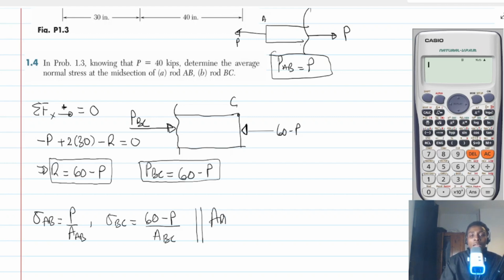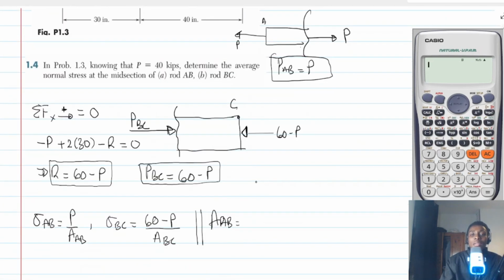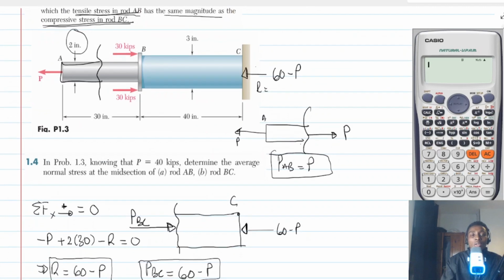So for area AB, let's go back. The diameter here is 2. So the area is going to be pi times 2 squared over 4, which is the area of the cylindrical cross section of AB.